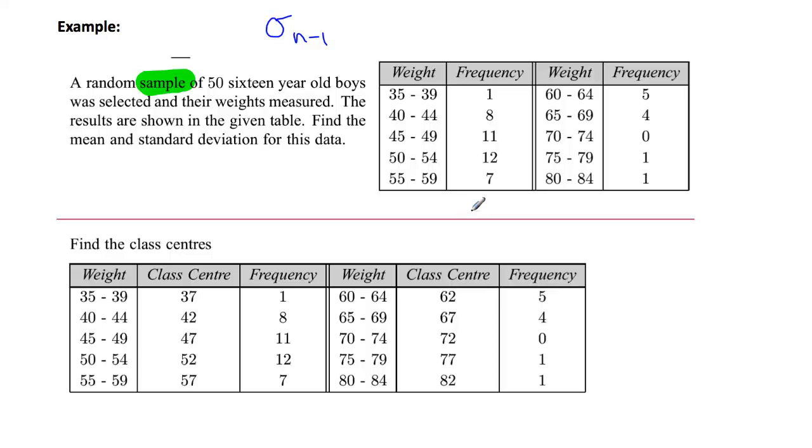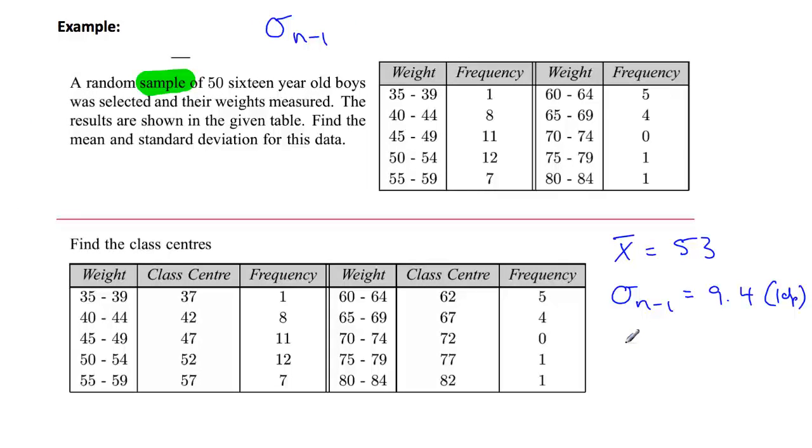Alright, so this is for these particular numbers. You should get a mean of 53, and you should get a sample standard deviation. Remember, because this is a sample of boys, and it should be 9.4, and that's rounded to 1 decimal place.